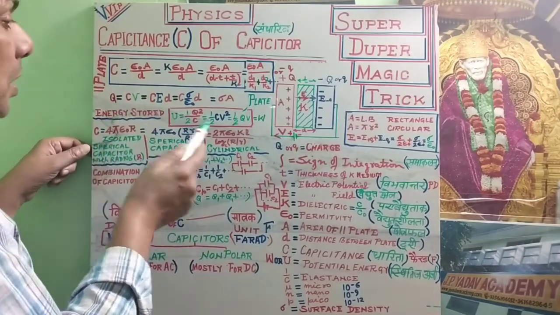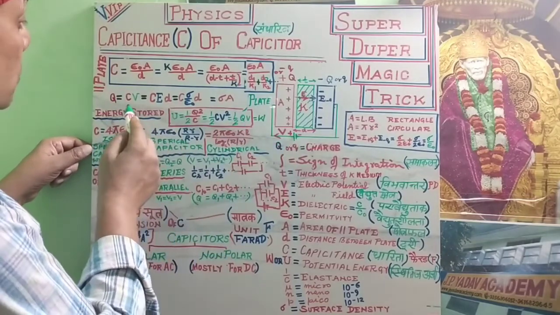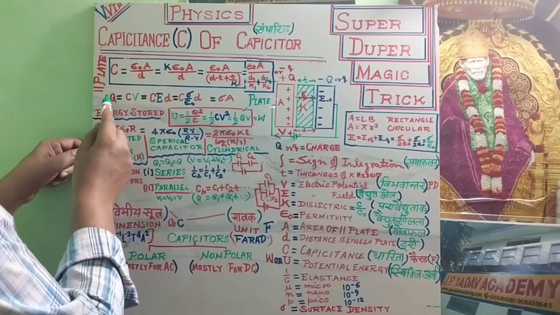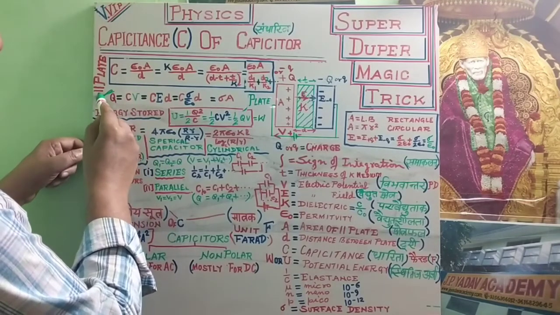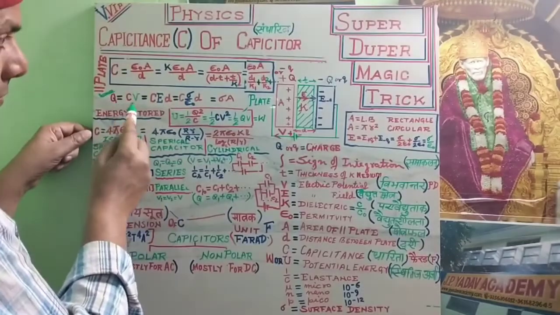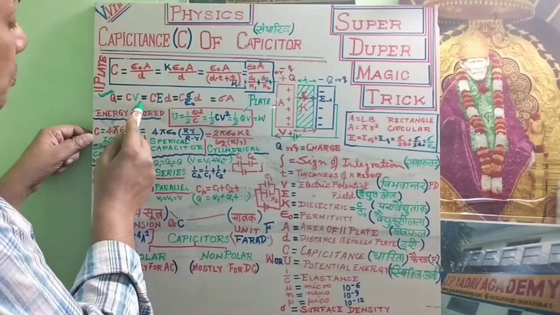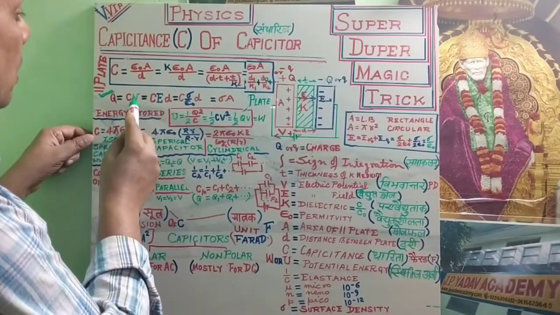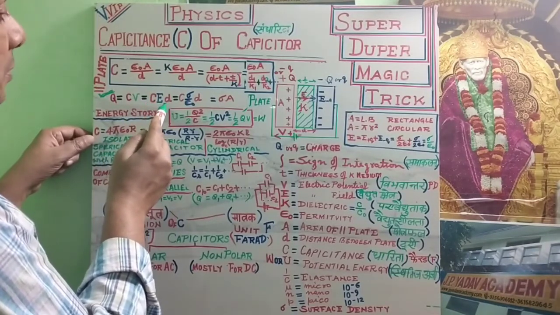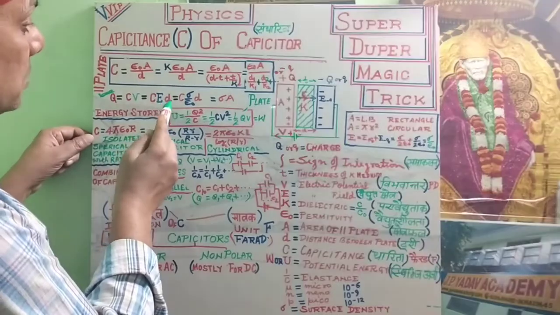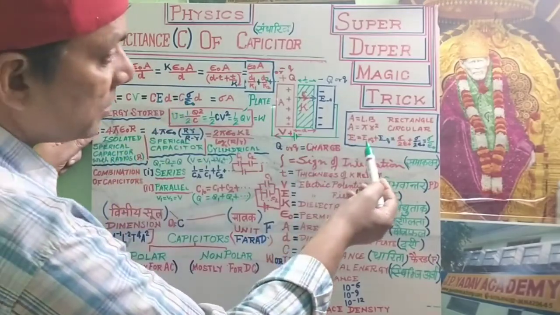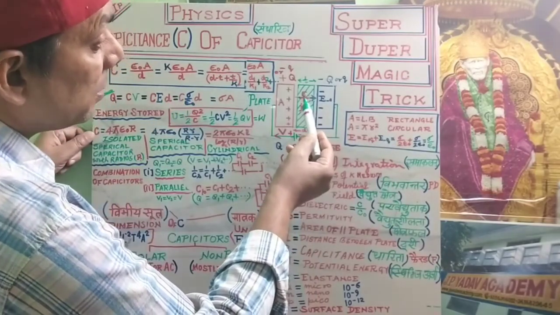Now charge Q equal to CV. This is our basic and primary formula. Q equal to CV, everyone knows well, and V is equal to E into D. E is a vector quantity.